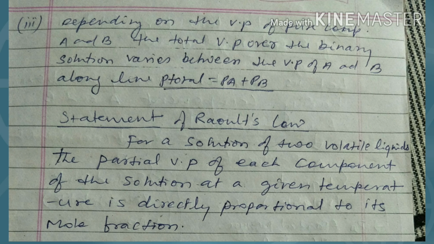On the basis of the above diagram and conclusion, the statement of Raoult's law: for a solution of two volatile liquids, the partial vapor pressure of each component of the solution at a given temperature is directly proportional to its mole fraction. From this statement we obtain PA is equal to PA naught XA, PB is equal to PB naught XB. These two are the mathematical form, as shown above in the notes.